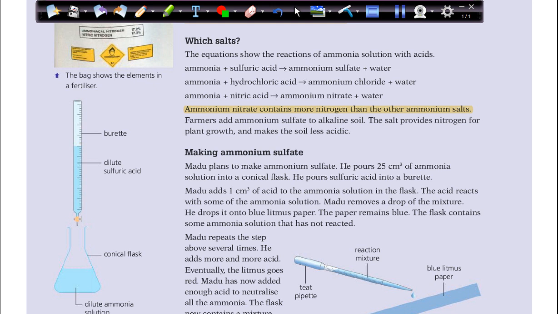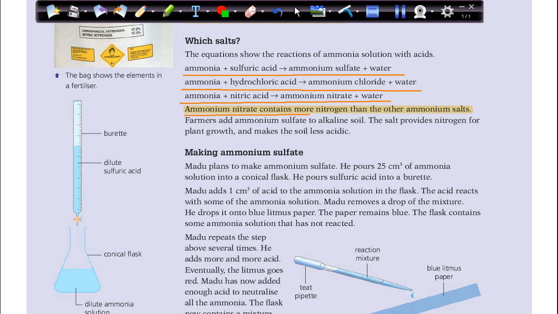The equations show the reactions of ammonia solution with acids. Ammonia plus sulfuric acid gives ammonium sulfate plus water. Ammonia plus hydrochloric acid gives ammonium chloride plus water. Ammonia plus nitric acid gives ammonium nitrate plus water. So which one should we choose?